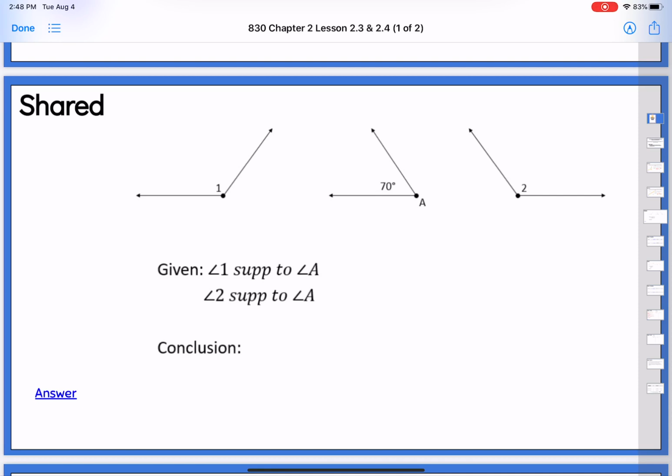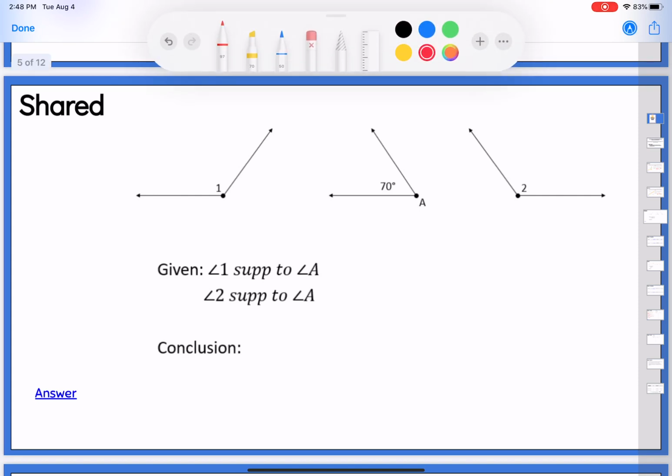All right, so hopefully you guys remember that supplementary means that they add up to 180. So I would hope that you would say, okay, well, if angle 1 is supplementary to angle A, then angle 1 must be 180 minus 70, which is 110 degrees. Okay, so angle 1 equals 110 degrees.